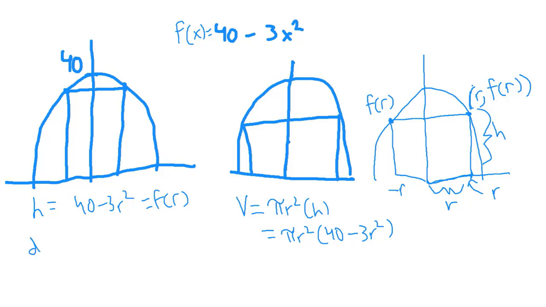So we get dV/dr is equal to, let's quickly distribute this pi r squared.